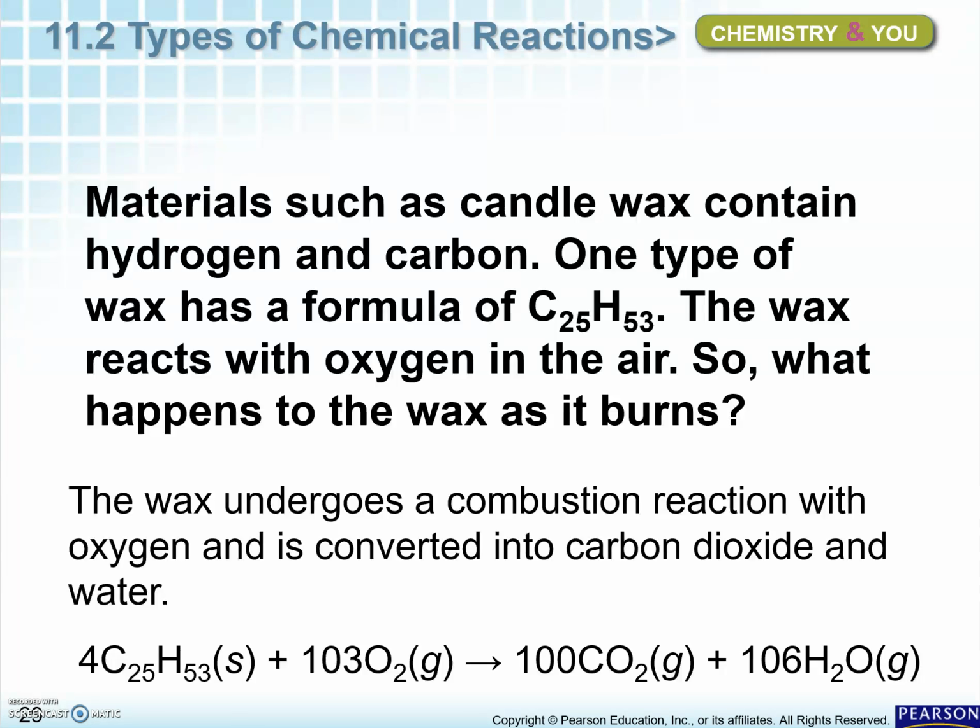So this candle wax undergoes combustion, and it has these humongous coefficients. Okay, that one's not that big, but look at how big these are. They're really big. The reason for that is it changes based on these coefficients right here. Those coefficients are going to dictate what our coefficients of oxygen, carbon dioxide, and water are. But the nice thing is it always forms the exact same thing every single time.